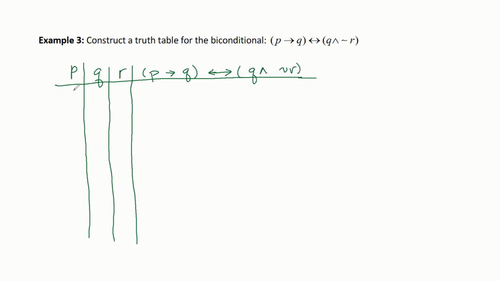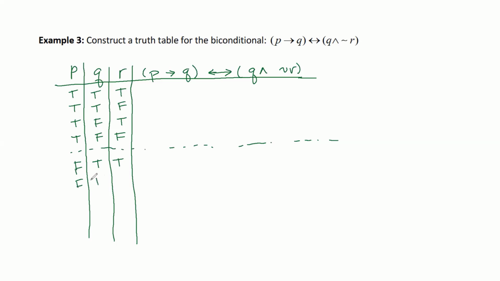Let's start with our statements. True, true, true. True, true, false. True, false, true. True, false, false. And my dotted line to help things line up. Now, false, true, true.